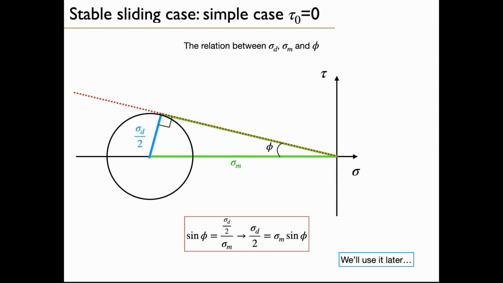So we now use the trigonometric relation. The sine of the angle phi is the ratio of this length divided by that length. So one can express sigma d divided by 2 as sigma m times sine phi. We have to keep this little relationship in mind because we use it a bit later in the course.